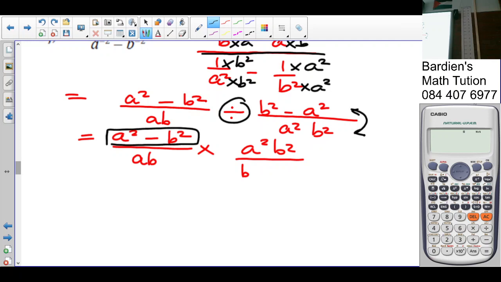Are they the same? No, but I can swap it around at least. If I swap this around, what's going to happen? A negative is going to come out, not so?